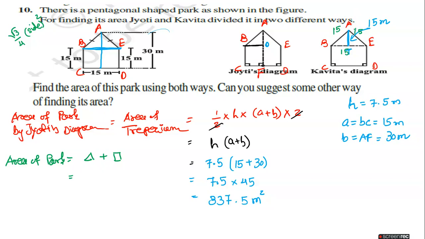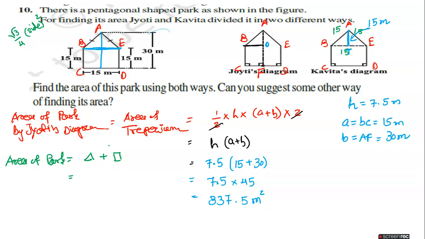So perimeter you will get 45, its half is 22.5, and using Heron's formula, under root of S into S minus A into S minus B into S minus C. Using that formula also you can get the answer, but that is too hard and too lengthy for you. So both formulas we will not use. The formula you are already habituated with, 1 by 2 into base into height, we will use. I was just giving you information.